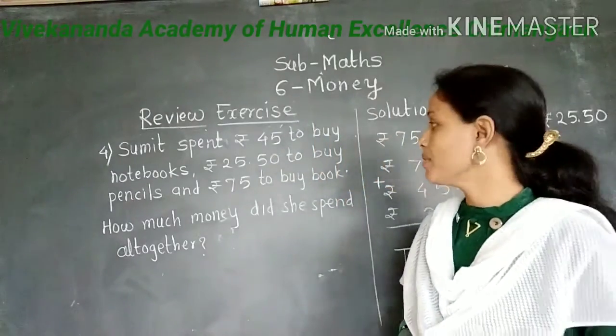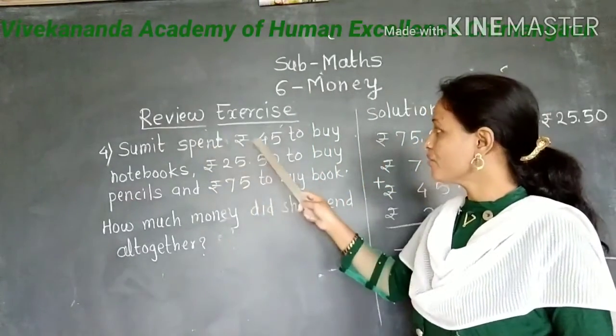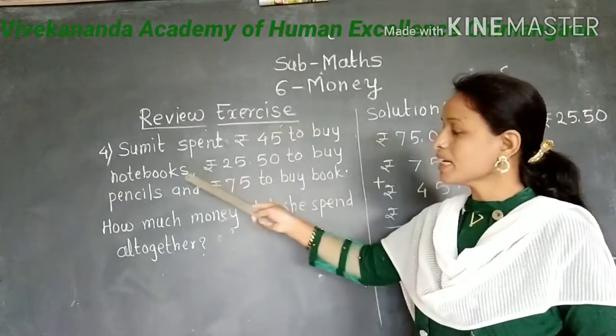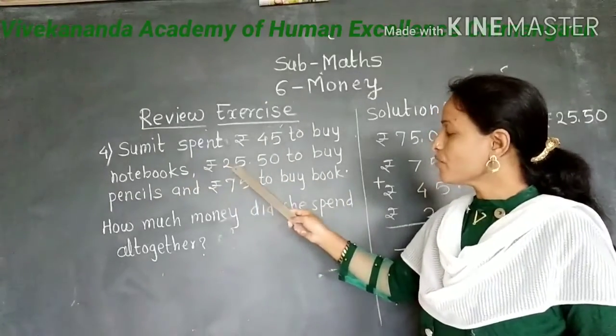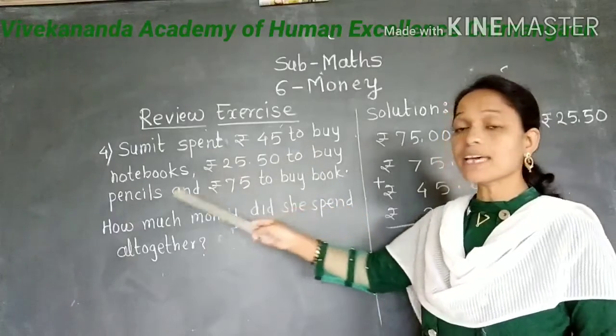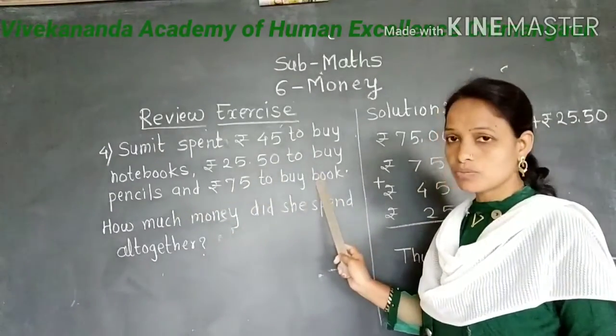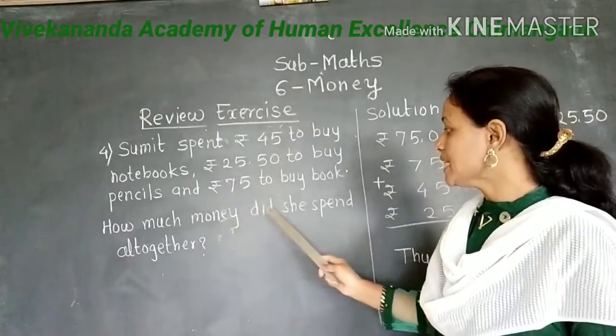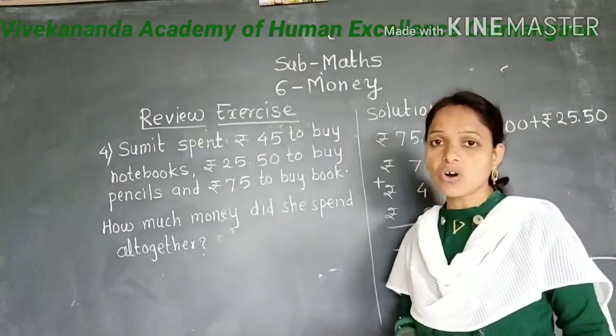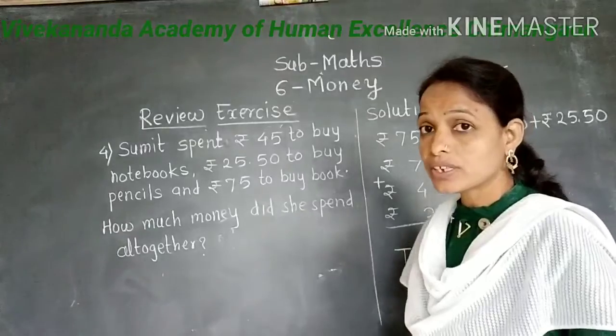See the next word problem. Sumit spent 45 rupees to buy notebooks, 25 rupees 50 paise to buy pencils, and 75 rupees to buy a book. How much money did he spend altogether? Look here.